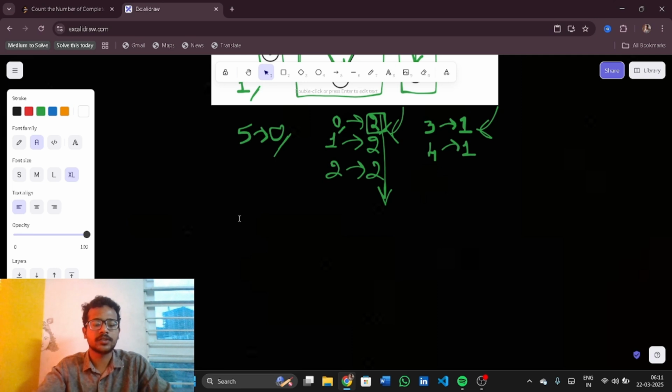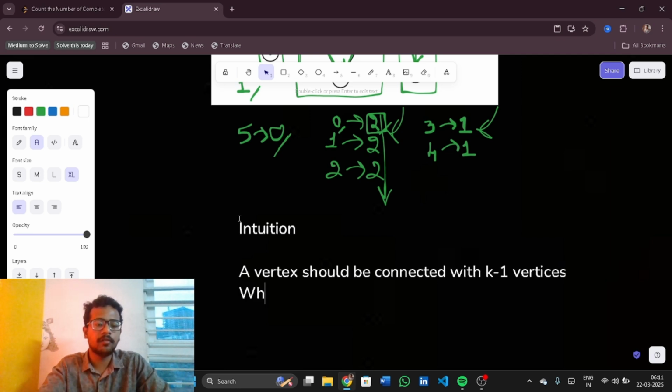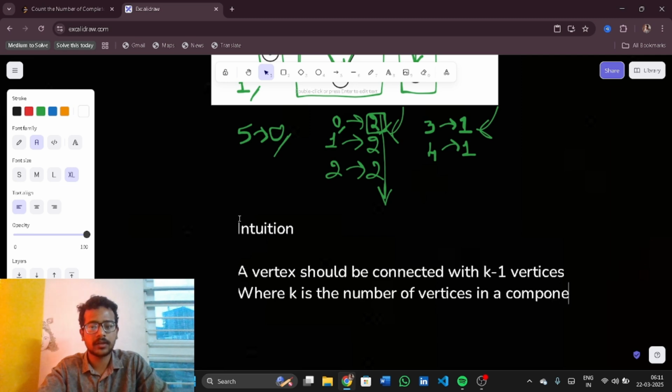My first intuition is a vertex should be connected with k minus 1 vertices, where k is the number of vertices in a component.